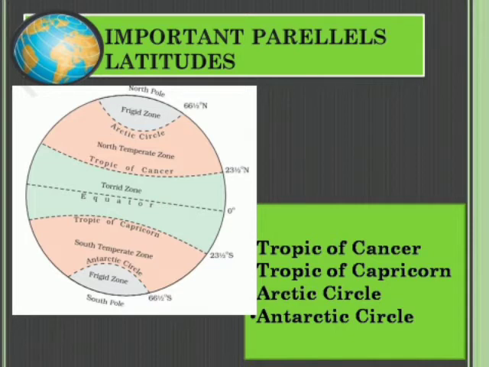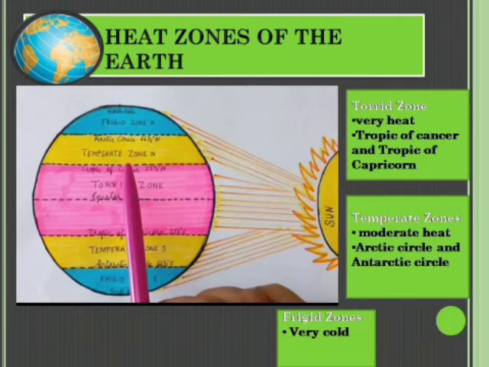So, what are the important parallels of latitudes? Tropic of Cancer, Tropic of Capricorn, Antarctic Circle, Arctic Circle. You will learn these in some detail in your 7th standard.